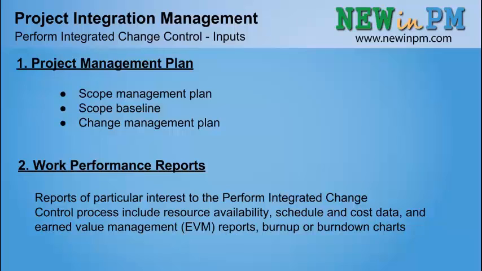The earned value management which you see here is also known as EVPM, the earned value performance management. Earned value management is basically a project management technique for measuring the performance and growth of the project.